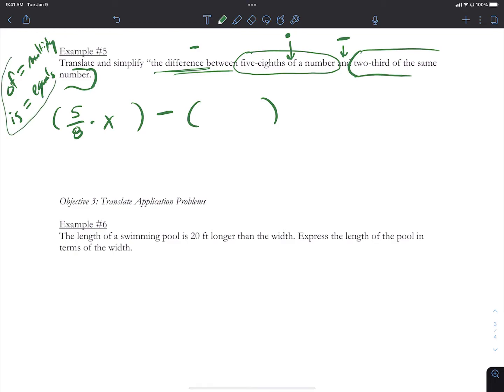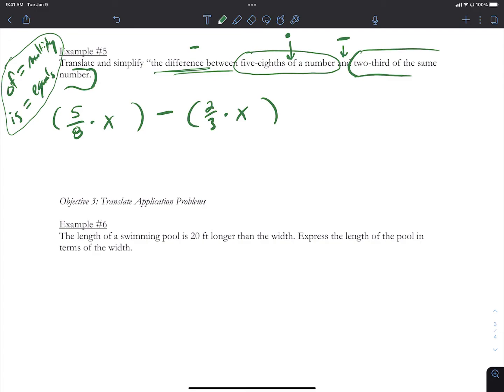You probably have seen these before, especially if you've done proportions. So 5/8 of a number is 5/8 times x; of a number is referring to a variable. Then 2/3 of the same number is 2/3 times the same letter, which is x. Whenever we repeat the same variable, it's implied that we're talking about the same number, because we're using the same variable to represent that. If it were a different number, we'd want to use a different variable.